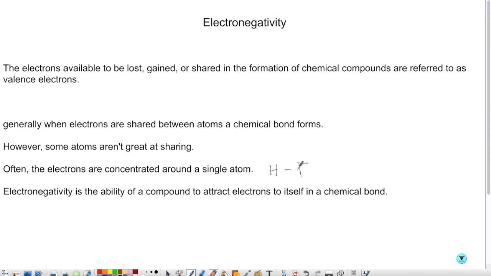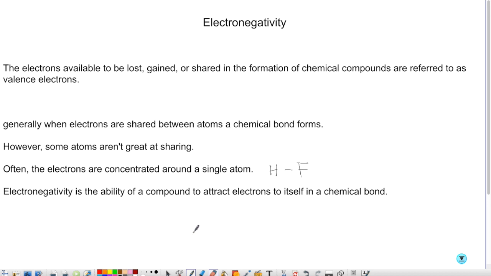If you were to look at where these 2 electrons are being shared on HF, they're basically sitting next to the fluorine nucleus, because fluorine is actually not at all good at sharing. It's kind of a bully. And so we say that fluorine has a high electronegativity, or the ability of an element to attract electrons to itself in a chemical bond.